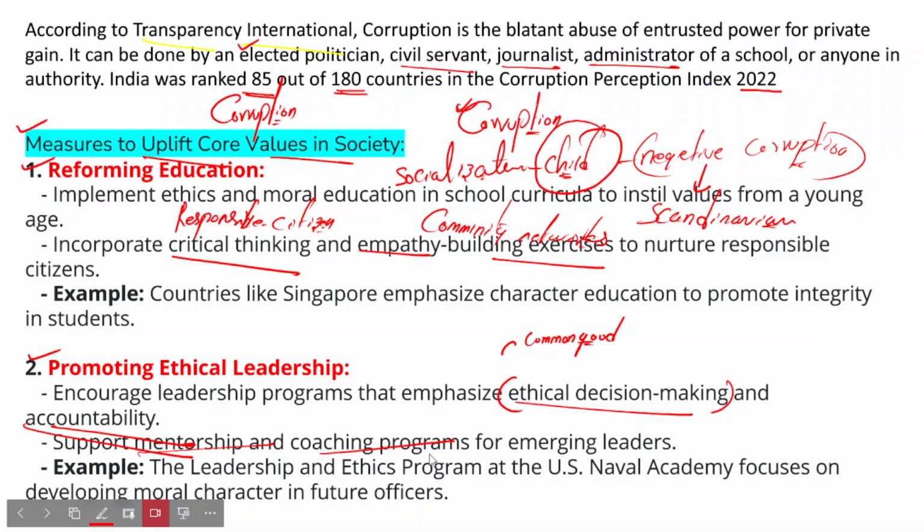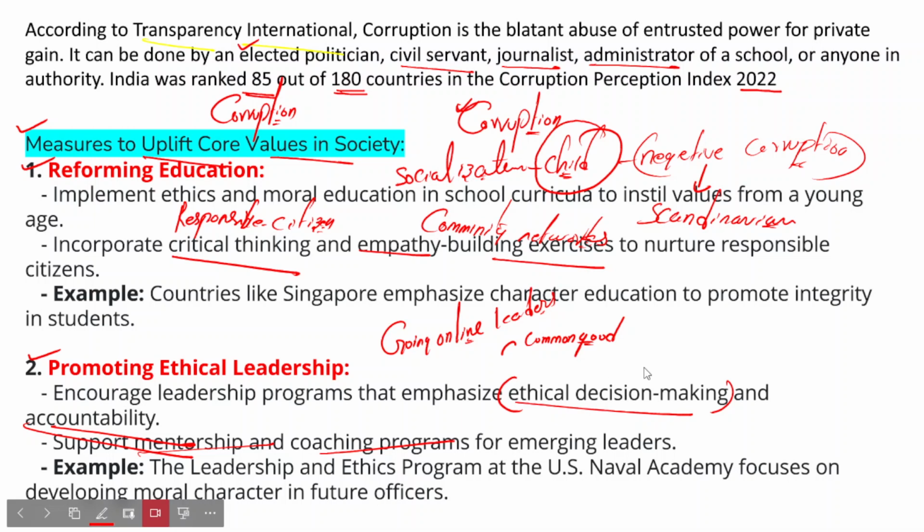For example, there are programs like Going Online as Leaders, started by Google to nurture people in tribal areas to develop leadership skills.